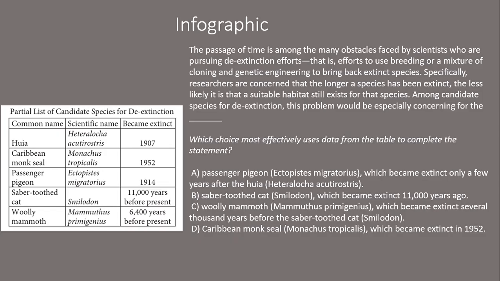Okay, here is an example of an infographic question. You have a table here with different data, and then there is a text. So the text is just an extension of what is presented in the table.